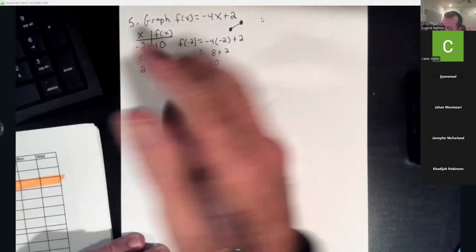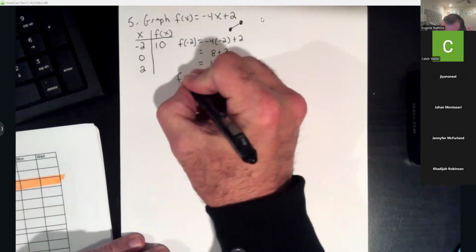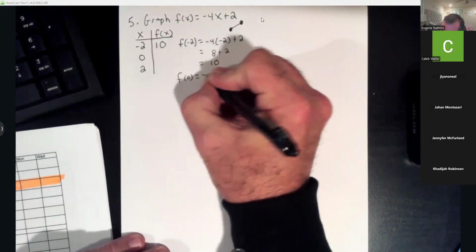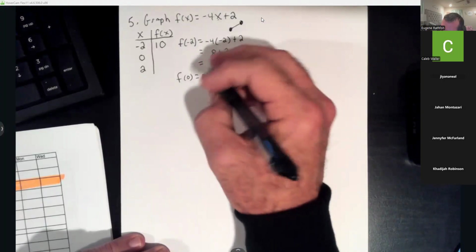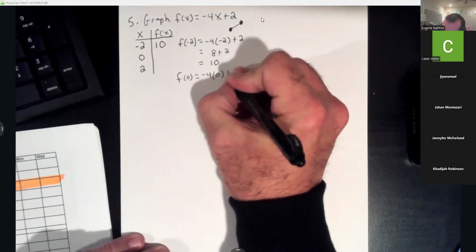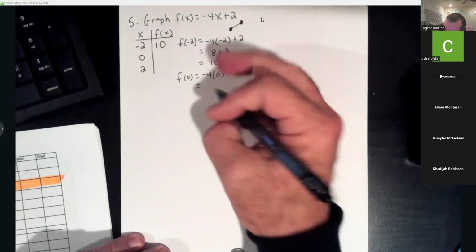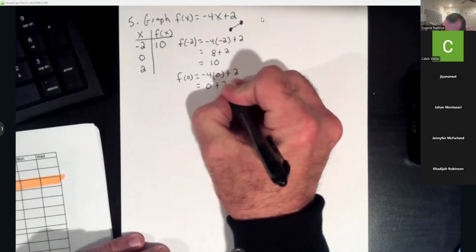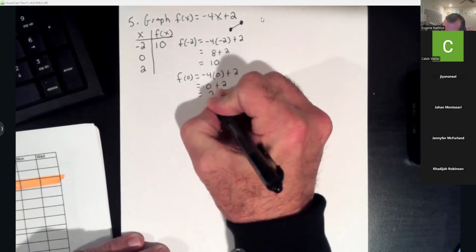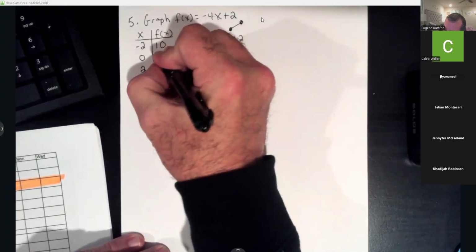All right, let's find f of 0 next. That'll equal negative 4 times 0 plus 2. Well, y'all, negative 4 times 0, that's going to give me 0 plus 2, which is 2.